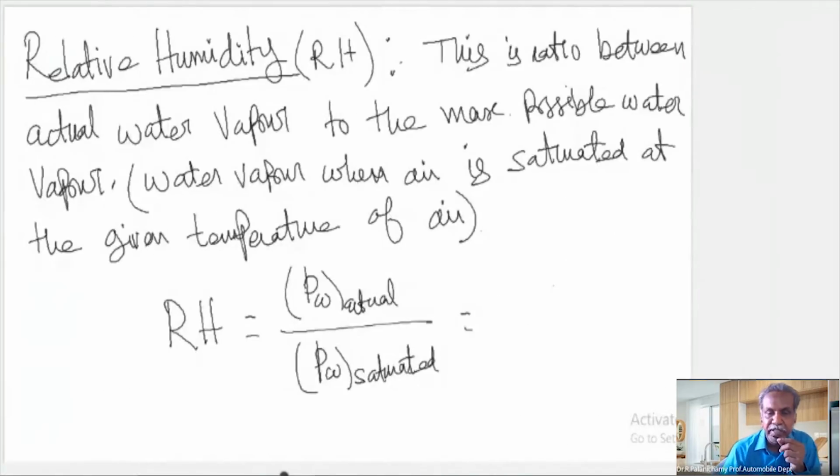Okay. If air is saturated for the given temperature, suppose 40 degree or 30 degree centigrade, if at all air is saturated, அப்படின்னா 40 degree corresponding saturation pressure.